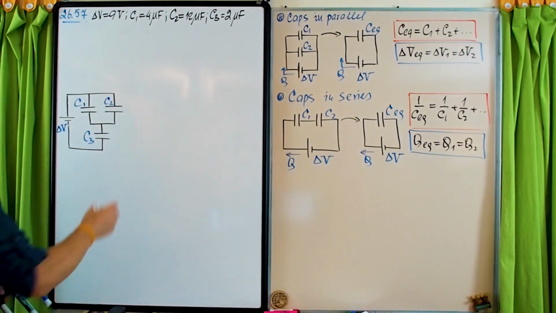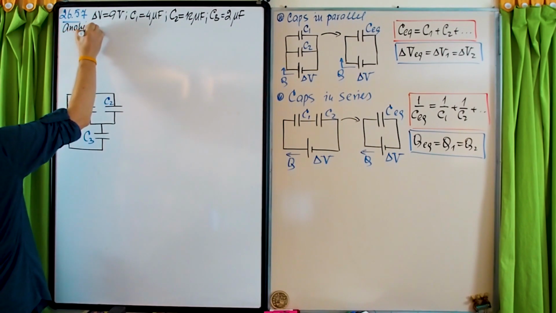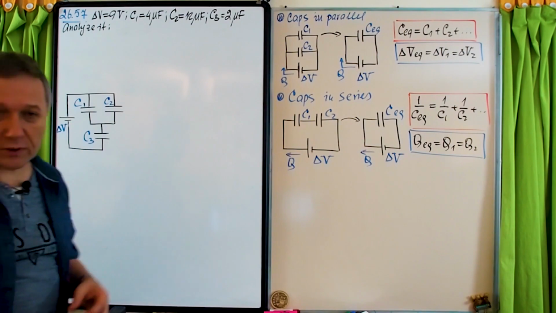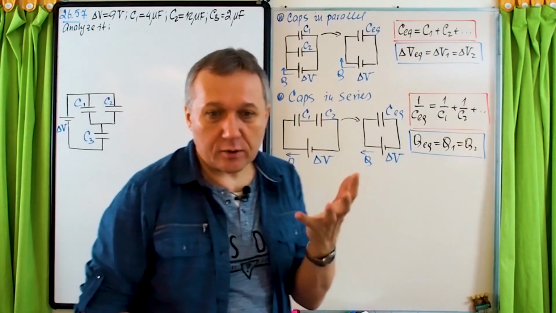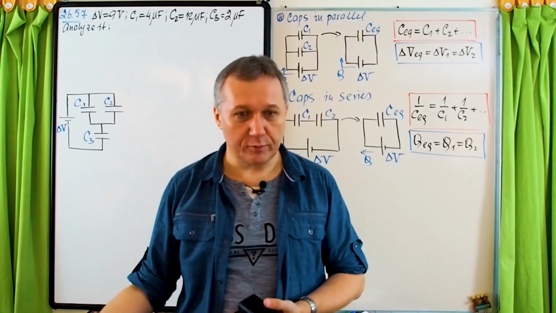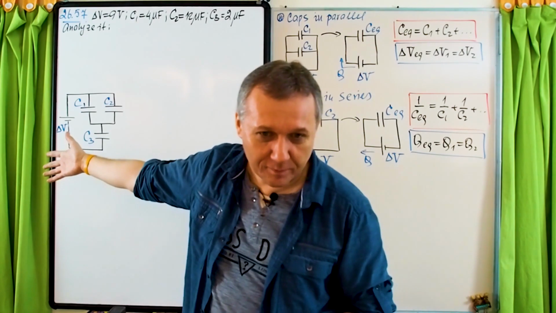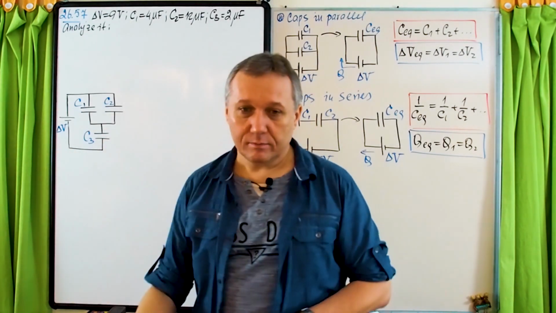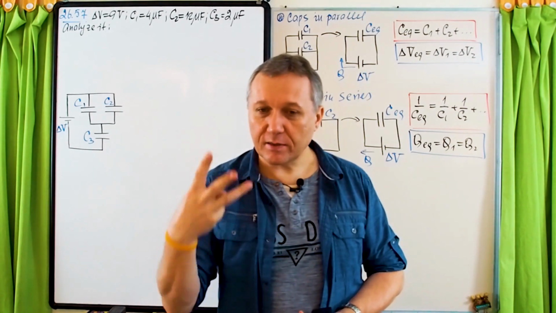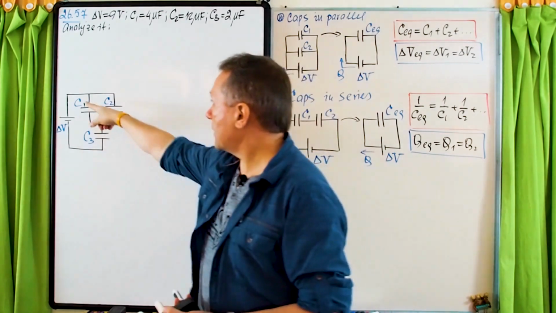And we need to analyze it. It's the circuit. What does it mean, analyzing a circuit? It means that you need to know everything about the circuit, from the electrical point of view. In this case, the battery potential difference is given. What else do you want? Capacitors. You remember, you know everything about a capacitor if you know 3 parameters: C, Q, delta V. So C's are given.